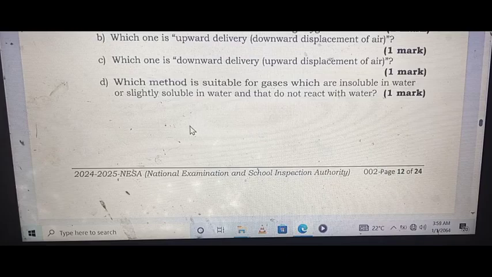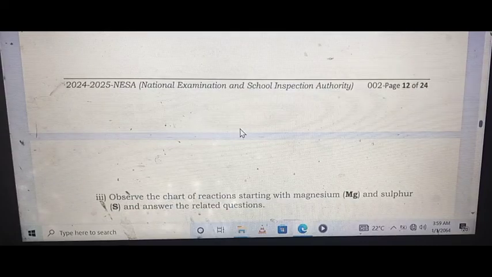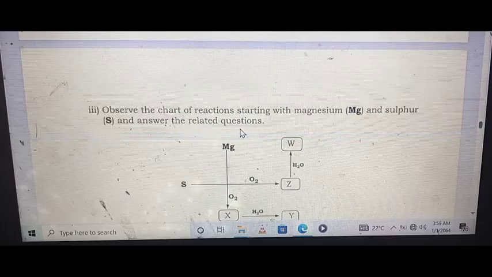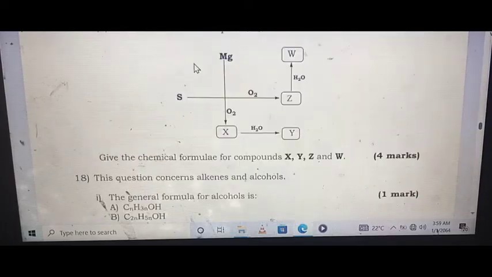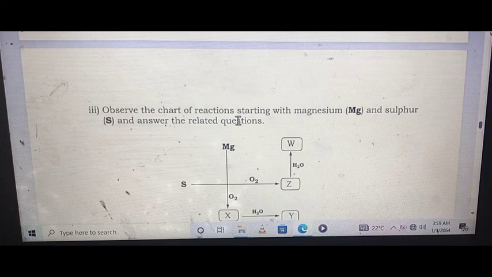The correct answer is the method of collection over water.